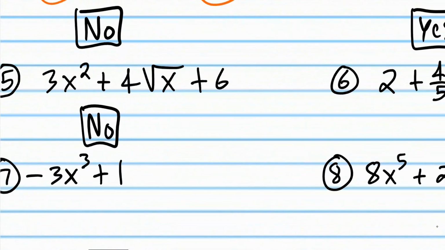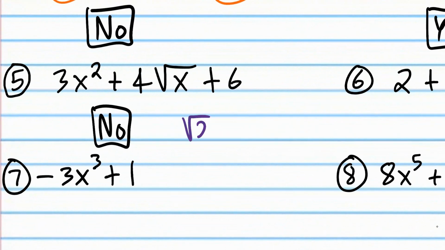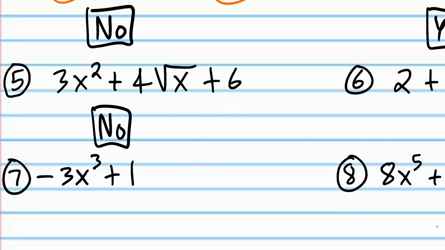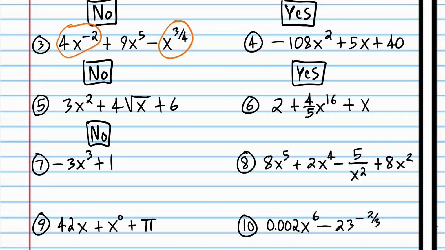Now you can have square root 2 times x, that's fine, but you can't have the variable in a square root symbol. Remember, square root x means x to the 1/2, and you can't have fraction exponents. So we're going to circle that term there.